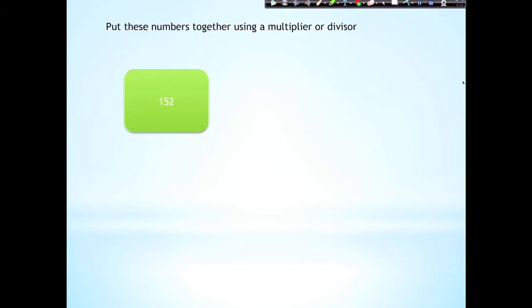Next one, 152 going to 0.00152. Okay, and the answer is dividing, and you can see that we have moved, so I'm going to just go through this one.